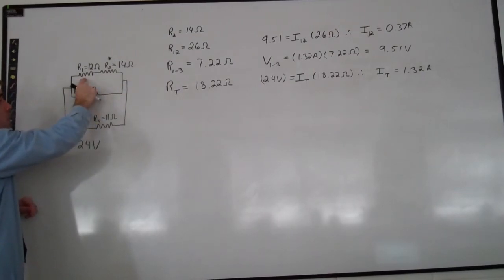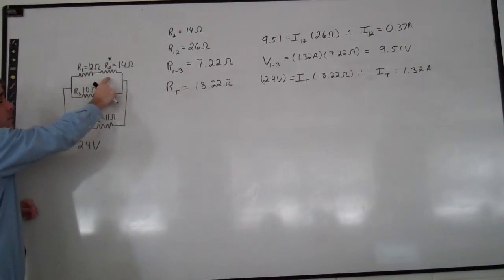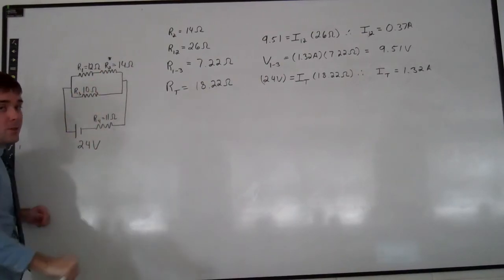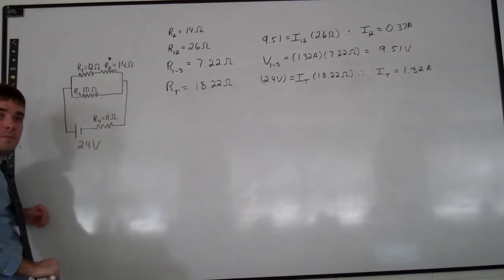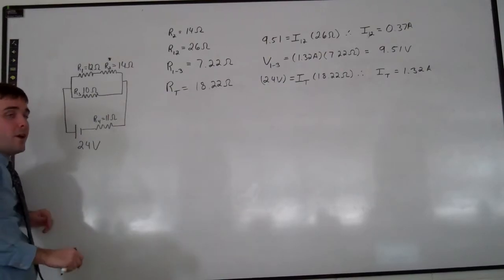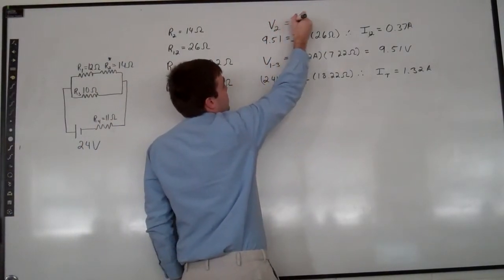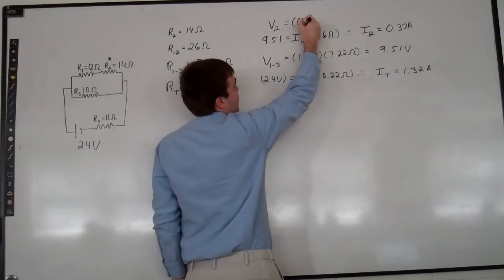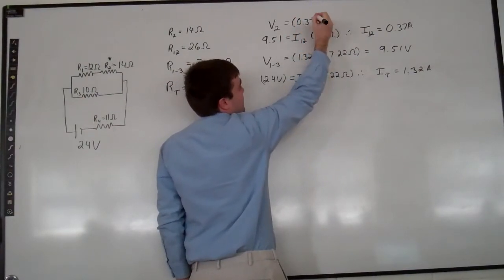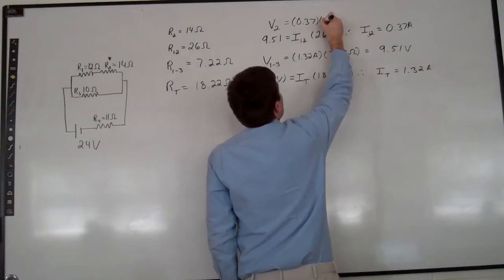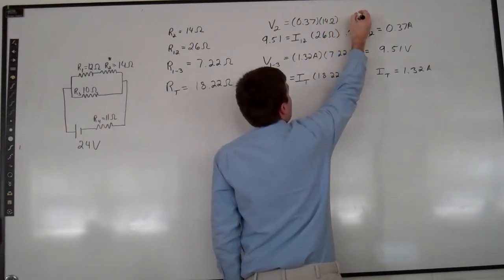Alright, now our last step, we have the current through both of these is 0.37. So current through R1 is 0.37, the current through R2 is 0.37. So how do we find the voltage drop across R2? V equals IR. We have V across 2 equals 0.37 times 14 ohms.